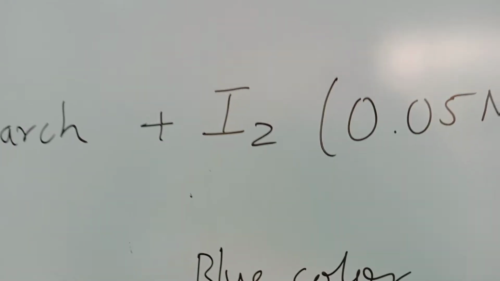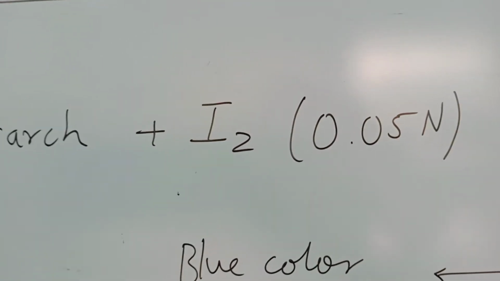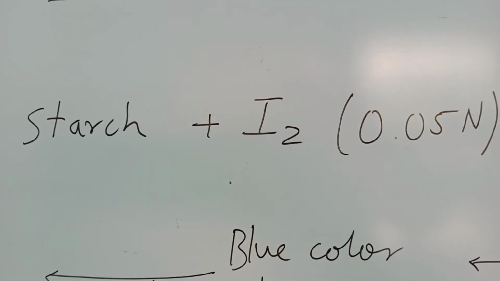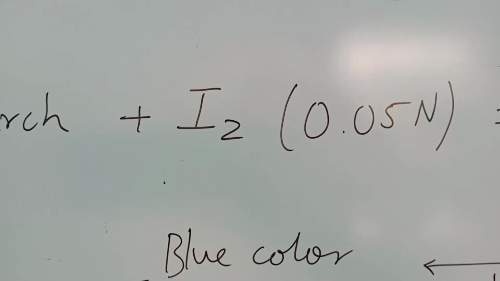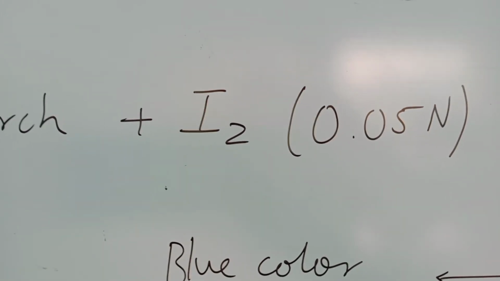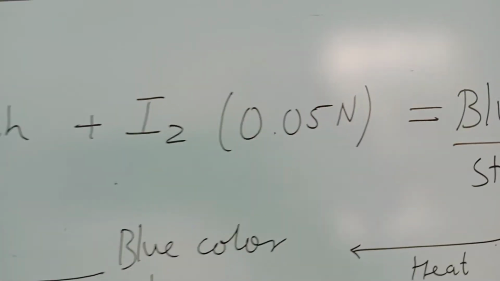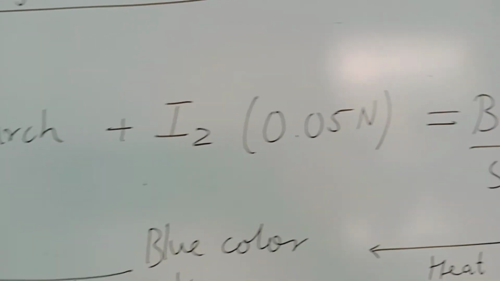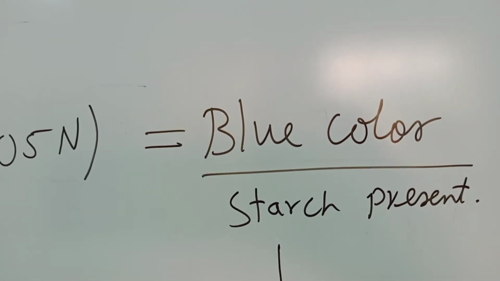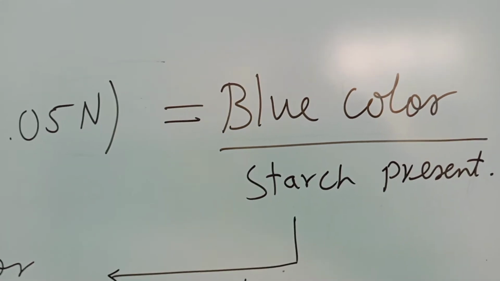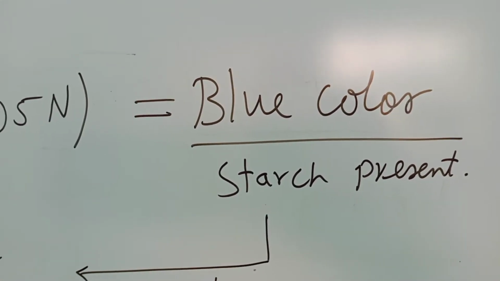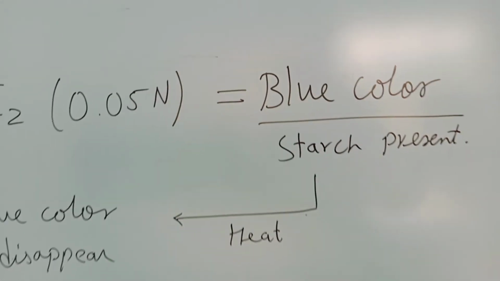You can add at least 2 to 3 ml of distilled water, followed by 2 or 3 drops of standard iodine solution, and then mix the content with a glass rod, and you will be able to see the blue color if the starch is present. The appearance of this blue color indicates that the sample contains the starch.